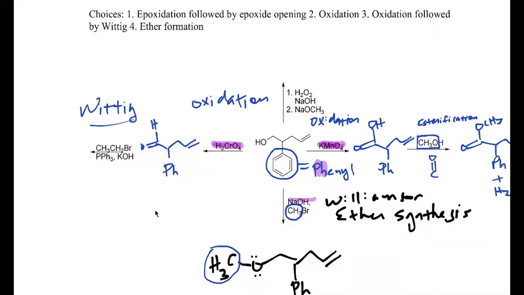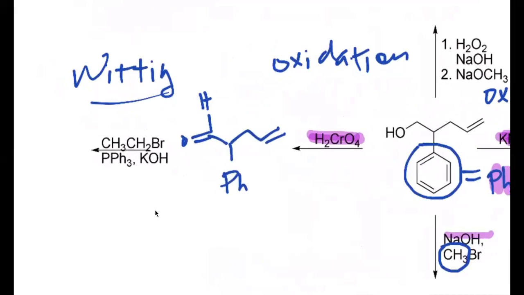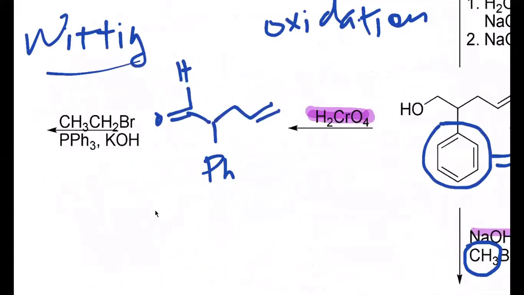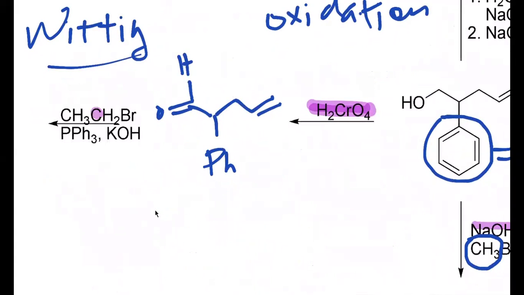Yes. All right. And so without going through the mechanism, let me show you what we talked about before. Do you see that the carbon right here is the carbon that contains the halogen? Right. And so in order to predict the product, because it's not asking you for the mechanism, if you subtract HBr from that, I know it's kind of a wonky way to do it, but just bear with me.